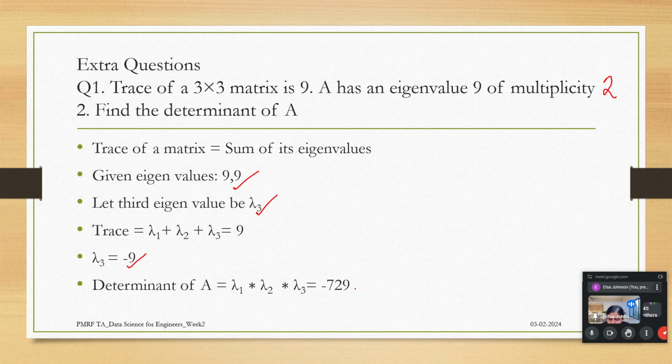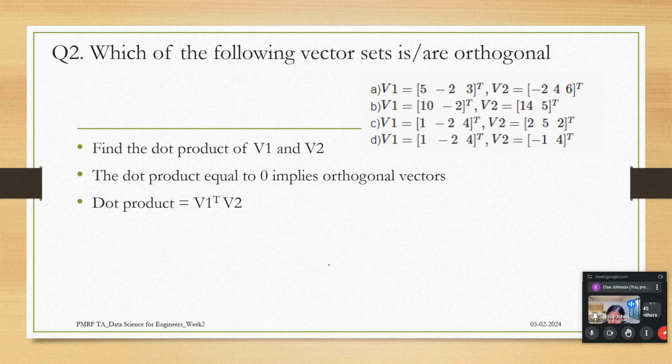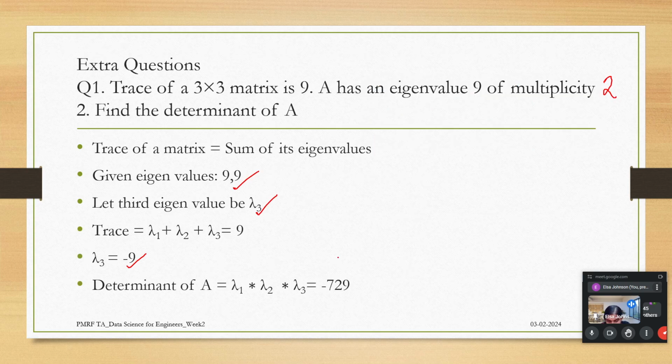I got minus 729. Multiplicity means repeating eigenvalues, so A has 9 repeating twice.